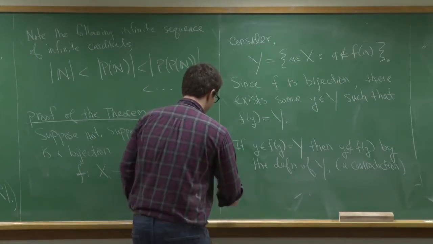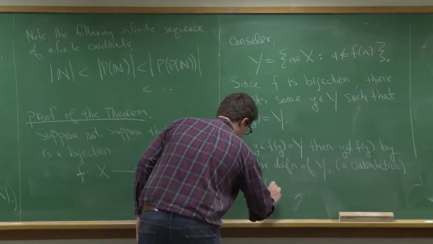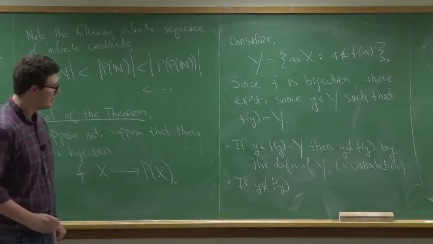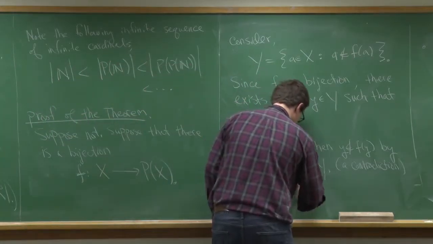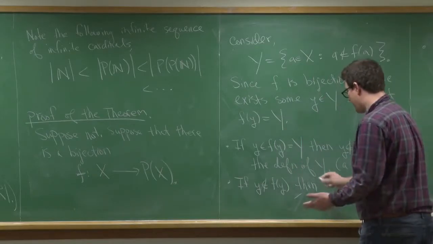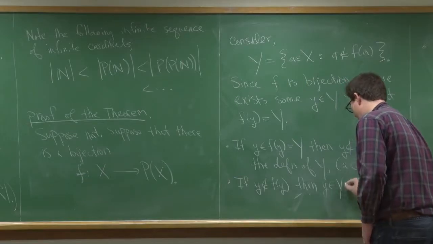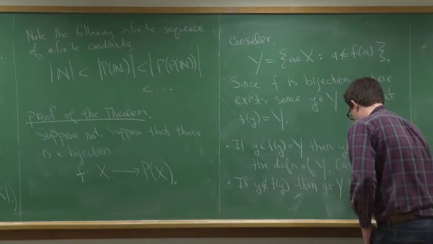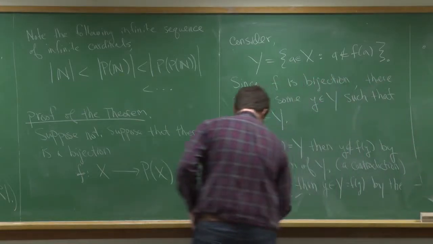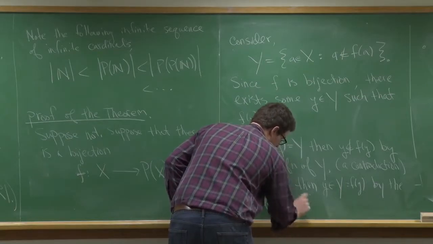Okay? So if y is not an element of f of y, right, then what do we have? So then, by definition, y is an element of Y, which is f of y, by the definition of this big Y, right?